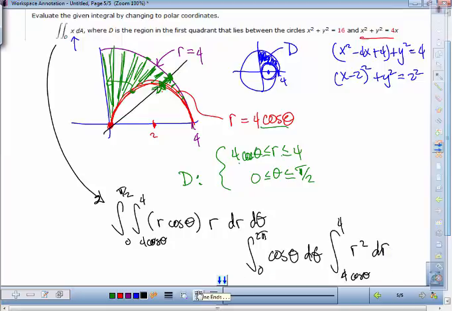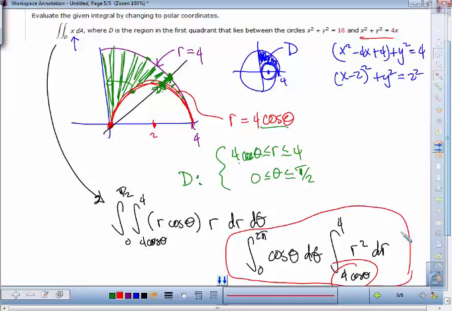The limits are not constant. We'll just put an X mark over here. Okay.